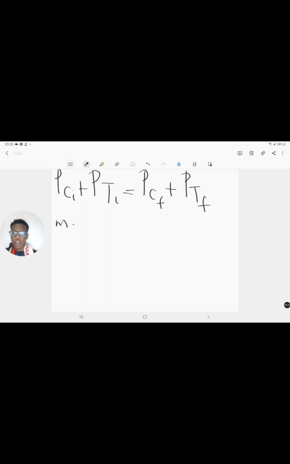Mass of the car initially times the velocity of the car initially. That's PCI. That's the momentum of the car initially. That's M and V. Remember, momentum is equal to M and V. There's my M and V there. So the rest of the letters are just specifying what object I'm talking about. So that shouldn't confuse you.